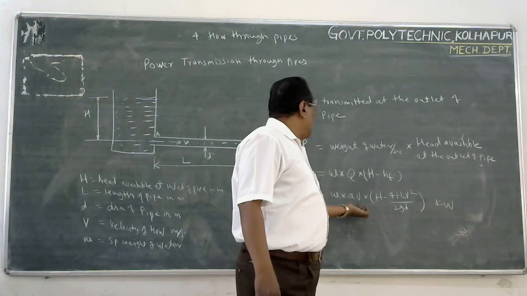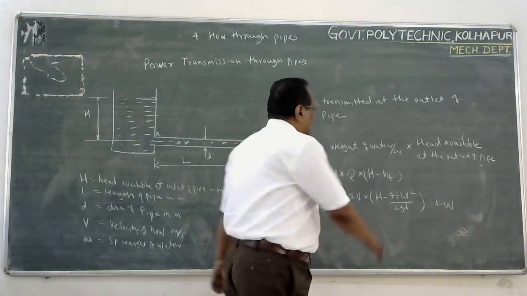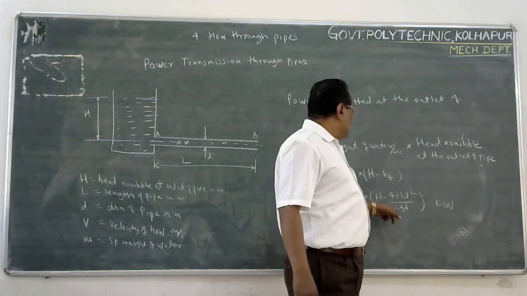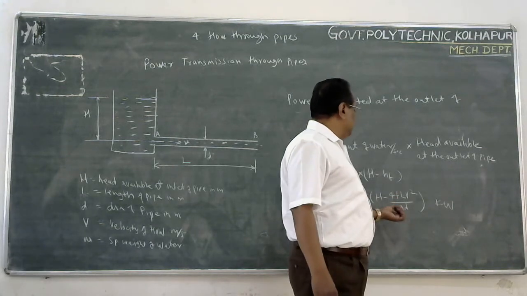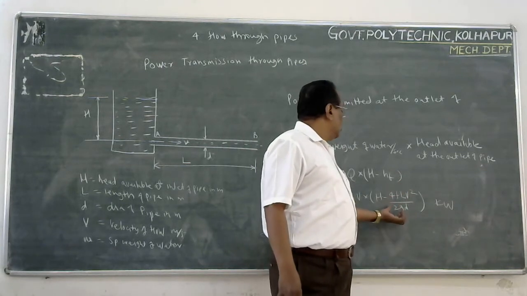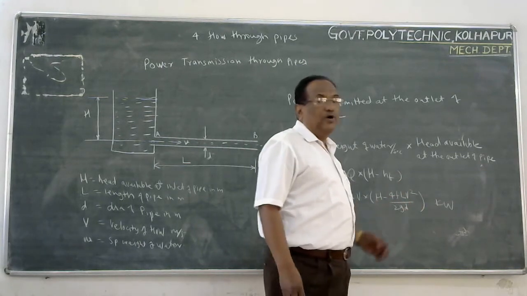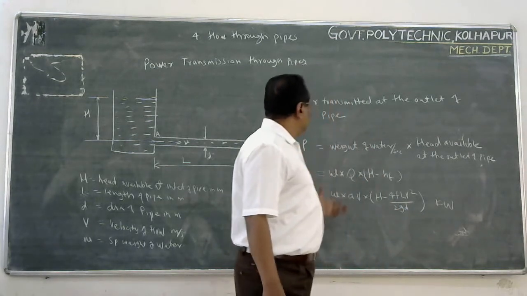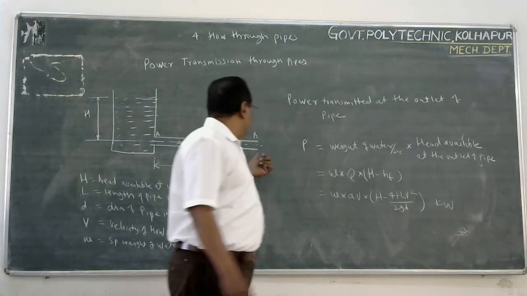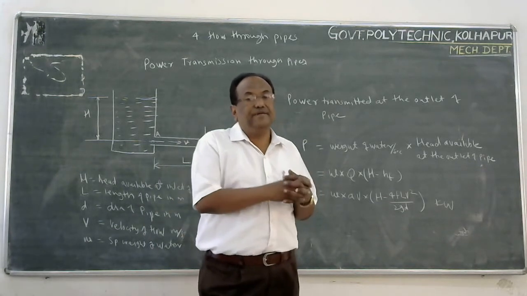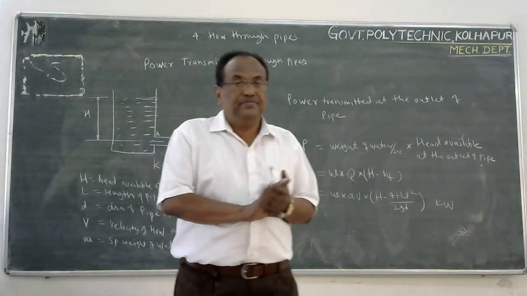So power is W multiplied by A into V multiplied by H minus HF, where from Darcy's formula, HF is equal to 4 f L V square upon 2 g D, in kilowatts. This is the power available at the outlet of the pipe or power transmitted through the pipe, isn't it?